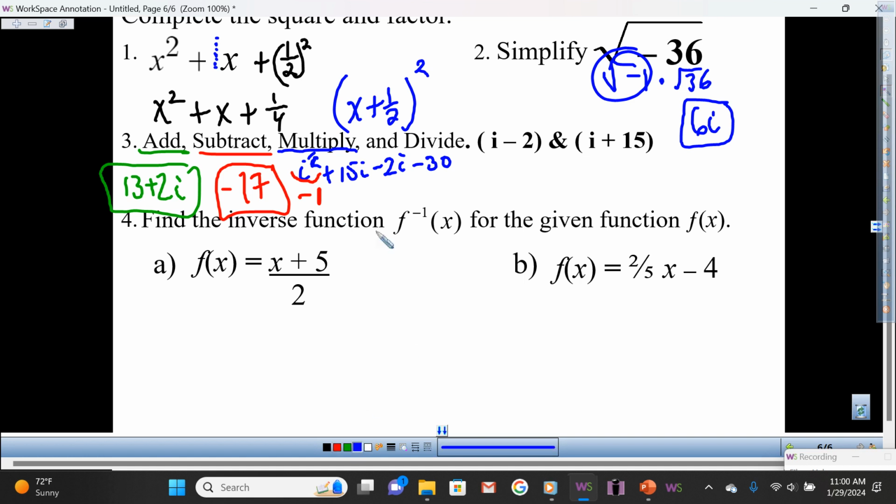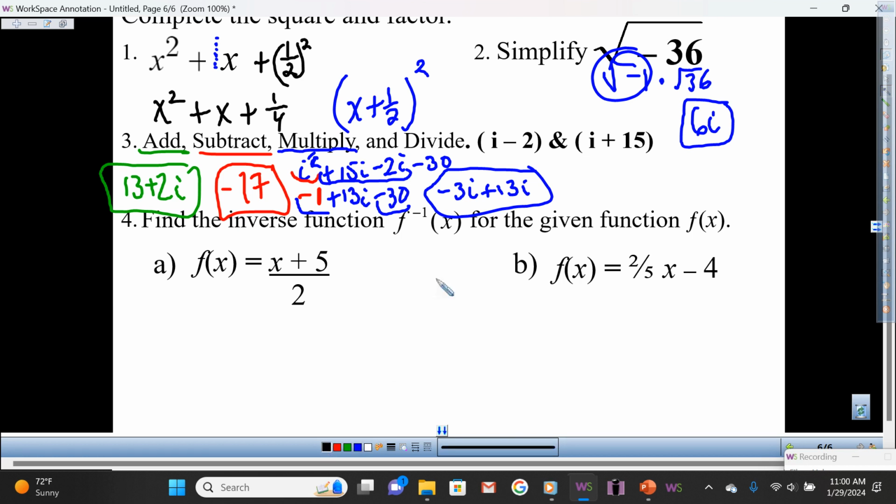So I'm going to combine these two right here, 15 minus 2, that's 13i, bring down the -30, and then at the end, -1 and -30, that's -31, plus 13i. And have you got that? Some of you, all right.